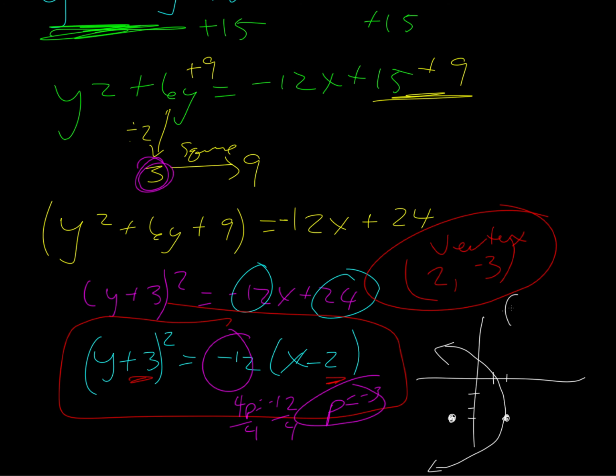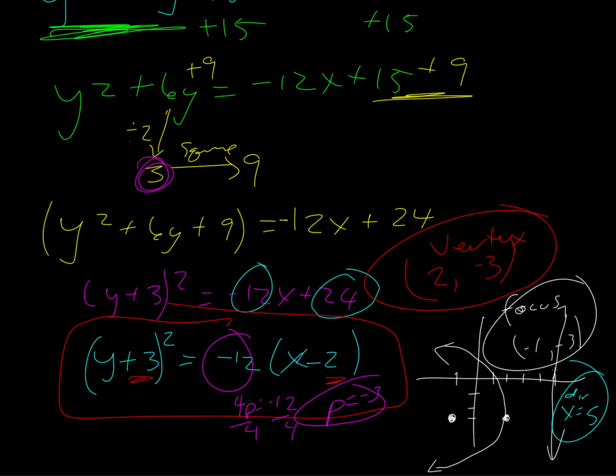So the focus is going to be at -1, -3. And then the directrix is just going to be 3 in this direction. So 1, 2, 3. And that's going to be at x equals 1, 2, 3, 4, 5. And that's the directrix. Okay.